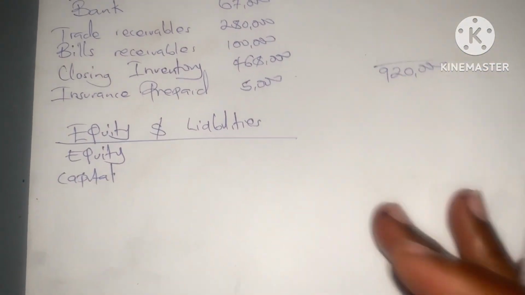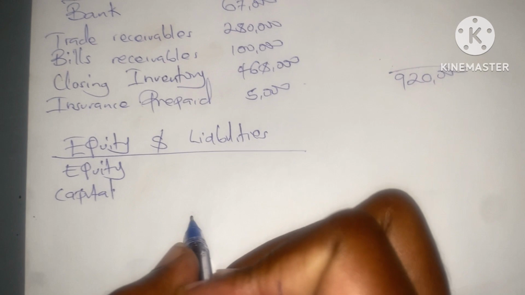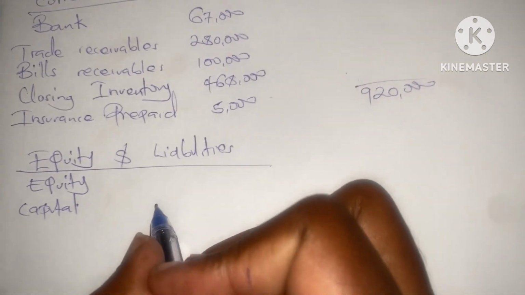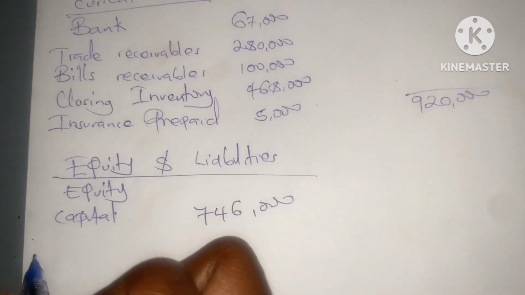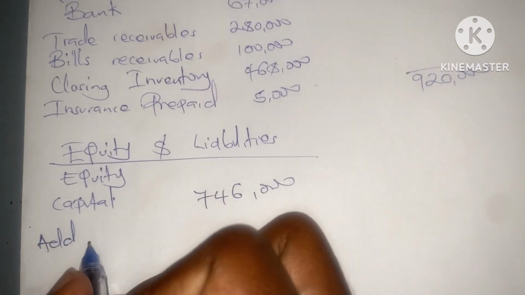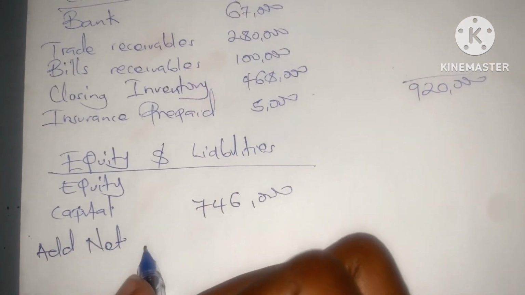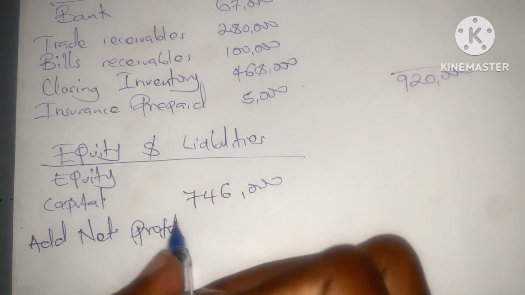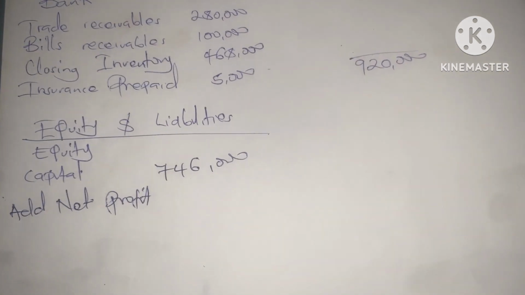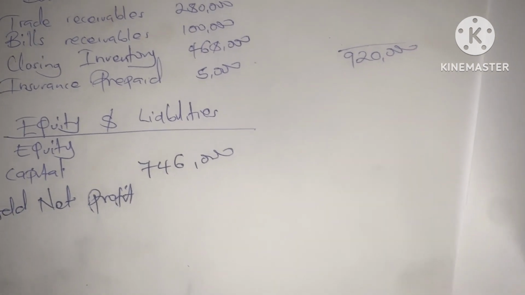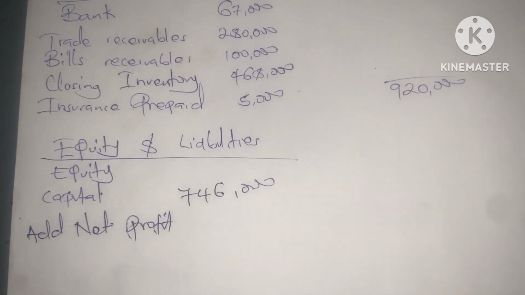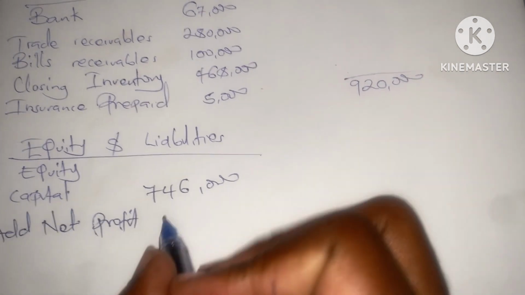So we come here and we write that capital 746 in our balance sheet. Then we're supposed to add net profit from our statement of profit or loss. The net profit that we got was 200.